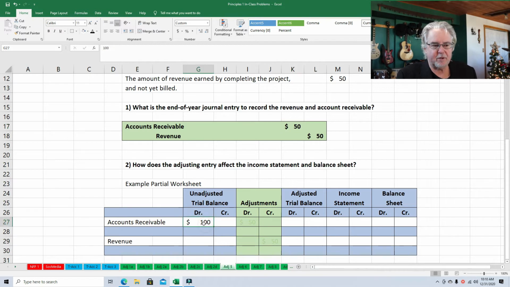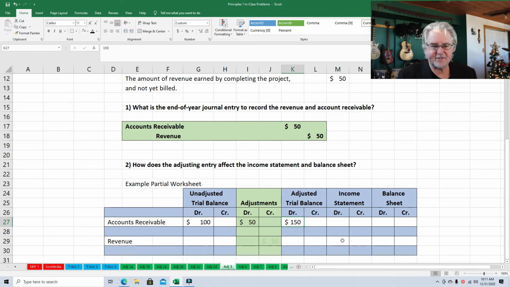So we're going to take that accounts receivable, and it's being debited for $50. Let's put that debit of $50 right down there. Then we just proceed across the page. Accounts receivable is a debit of 100, and we have an adjustment of a debit of 50. In other words, a debit of 100 plus a debit of 50 is a debit of 150.